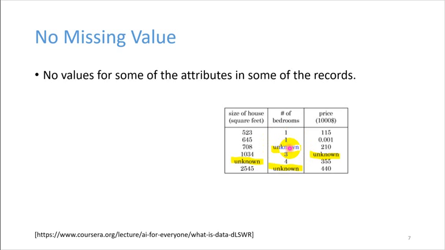For example, when a patient who has one record does not want to share his or her information. So these are the missing values that I highlighted here, and we address only the problems where the data set is without missing values.